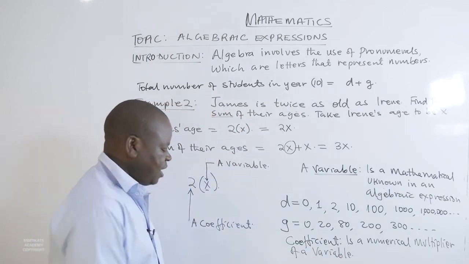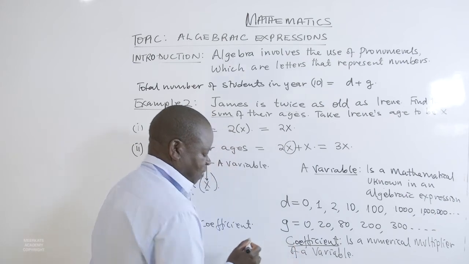A numerical multiplier of a variable is known as a coefficient.